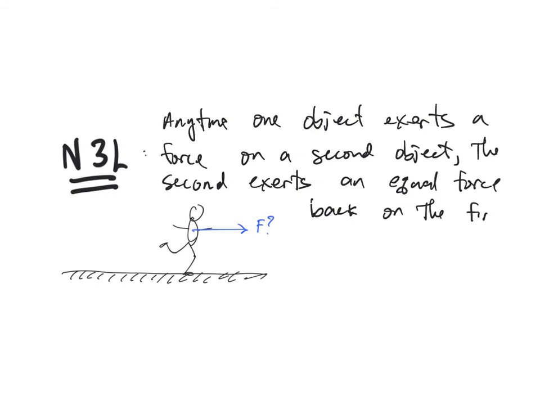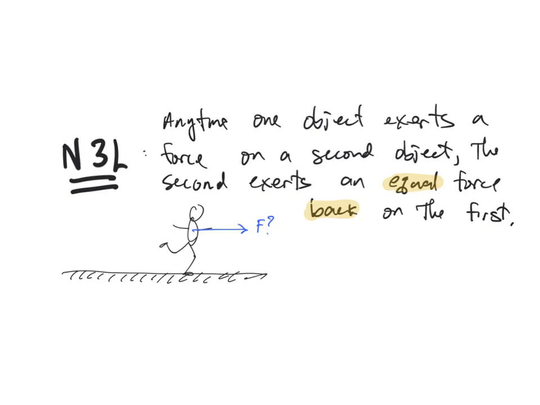And the key words here are: the second object exerts an equal force back. That gives me both magnitude and direction for this force.